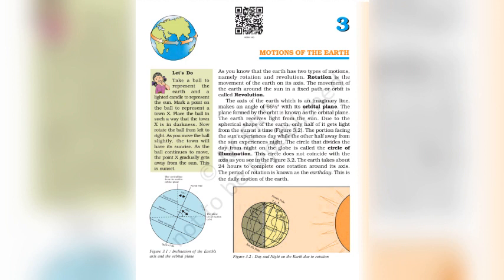The second motion of the earth around the sun in its orbit is called revolution. It takes 365 1/4 days, 1 year, to revolve around the sun. We consider a year as consisting of 365 days only and ignore 6 hours for the sake of convenience. 6 hours saved every year are added to make one day of 24 hours over a span of 4 years.